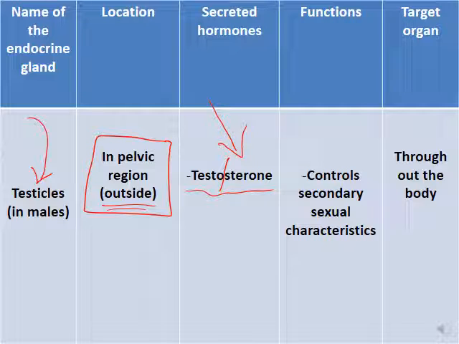So it controls the secondary sexual characteristics, where the target organ is the whole body. For example, the appearance of the beard in the male is not found in the female. So this is related to one of the functions of the hormone testosterone. Also related to the voice, also related to secondary sexual characteristics that are special for the male.